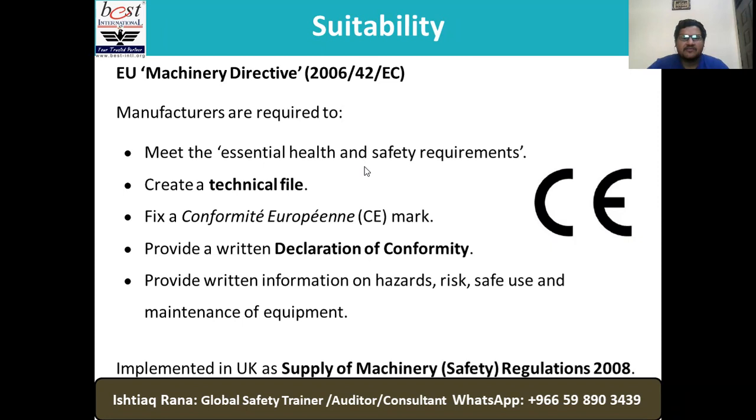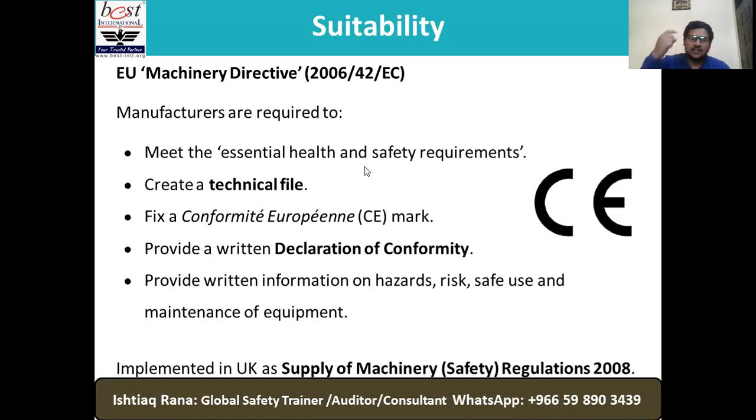That technical file must have everything about that equipment: the material, the composition, the processes, the way we assembled it, and the way we did the finishing of that equipment. Everything, we can't hide. That is why the word is technical file. Create a technical file, then affix the European conformity mark, the CE mark, and provide a written declaration of conformity.